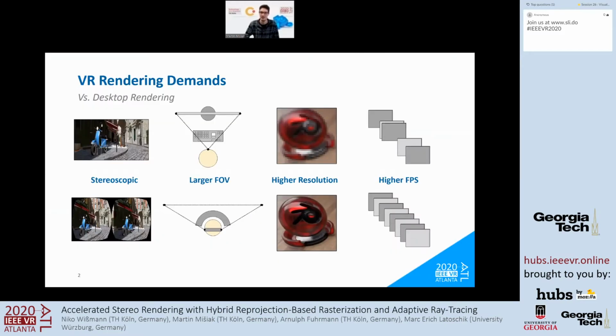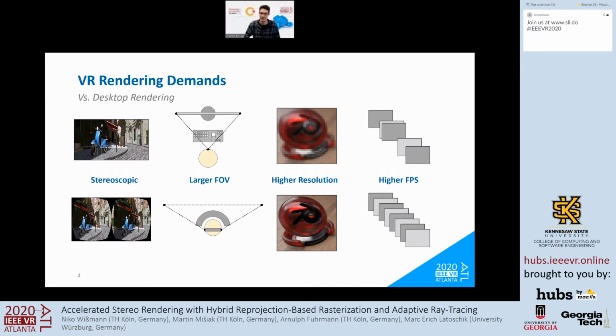If we look at the requirements for classical desktop rendering and rendering for VR, there are a number of differences between these two systems. For VR, we need to synthesize a stereoscopic image pair. Our displays also span a much larger field of view when compared to desktop monitors. As a result, we have to render more of the scene at a much higher resolution if we wish to maintain the same pixel density.